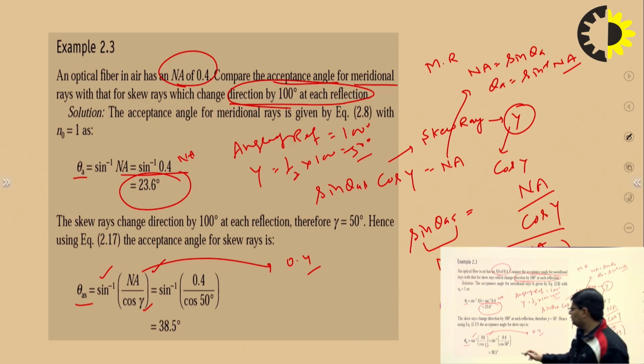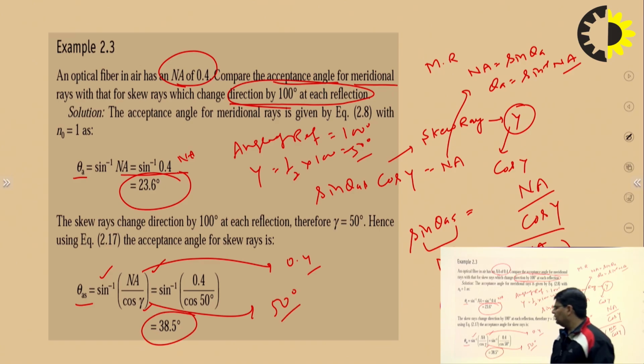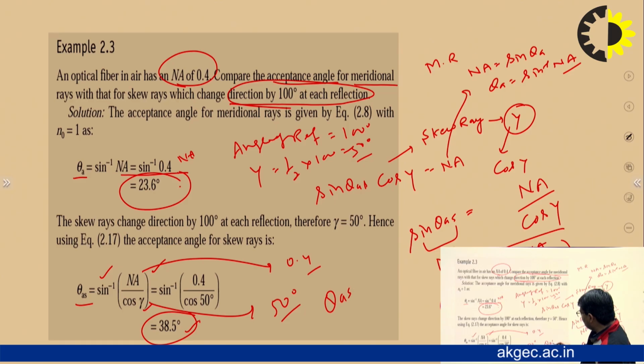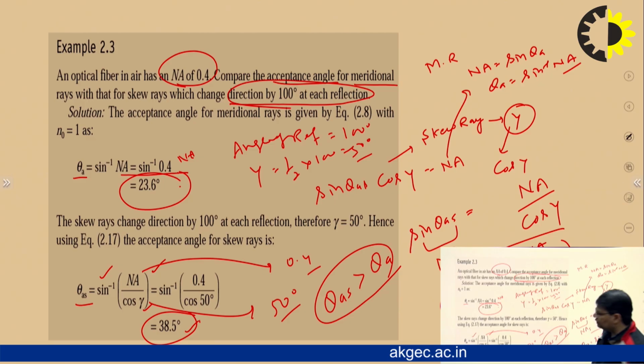Putting this angle gamma as 50 degrees, we can calculate the acceptance angle for the skew ray as 38.5 degrees, and by comparing we can clearly see the acceptance angle for the skew ray is greater than the normal acceptance angle for the meridional ray.